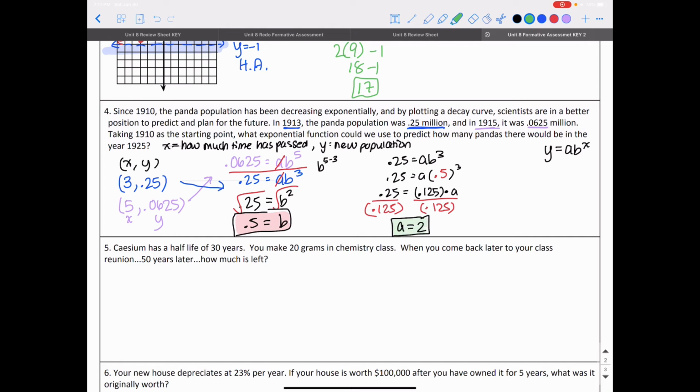And I'm multiplying, the growth rate is 0.5. So I have y is equal to 2 times 0.5 to the x power. And this is going to tell me x is the number of years that have passed by since 1910.